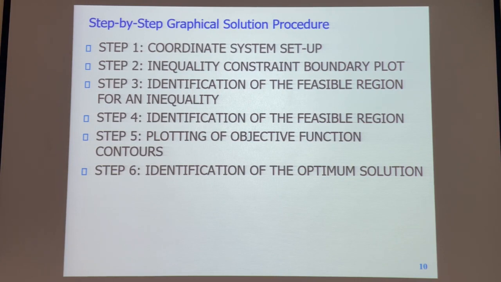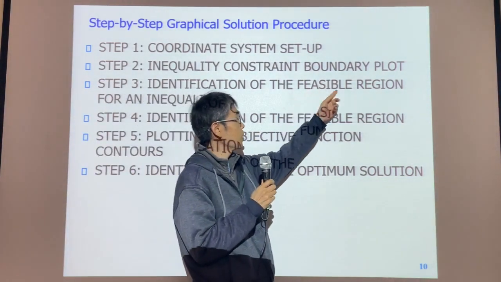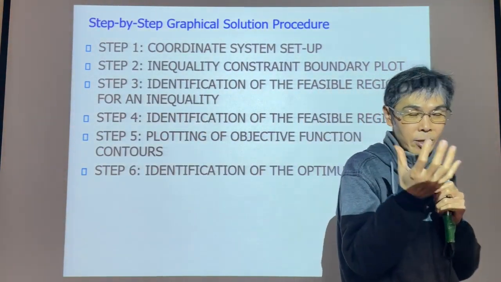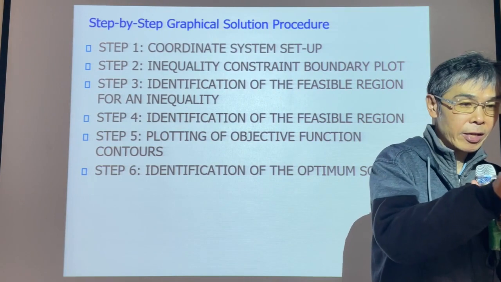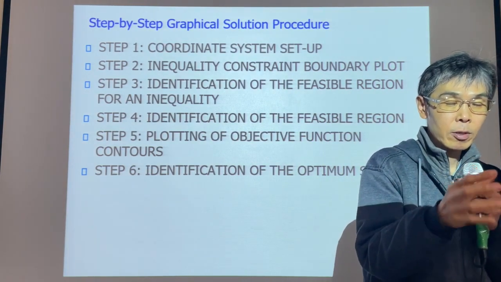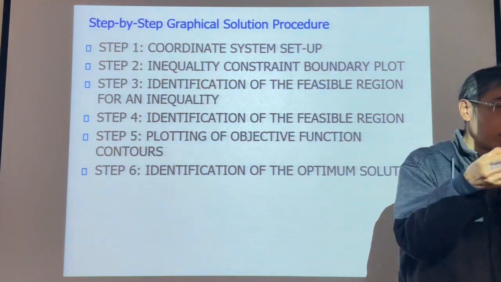Step 3: indication of the feasible region for an inequality. Feasible means the area we can use. They are candidates for the solution. So feasible means usable.